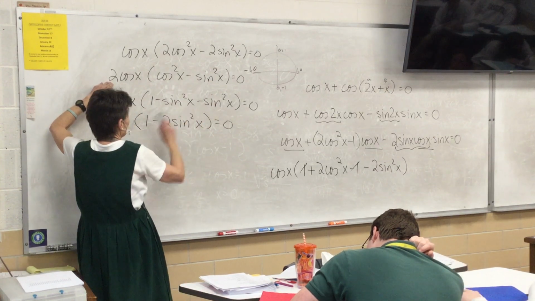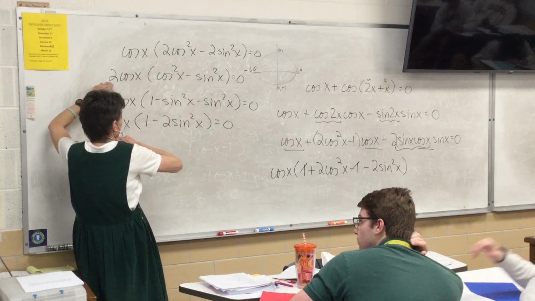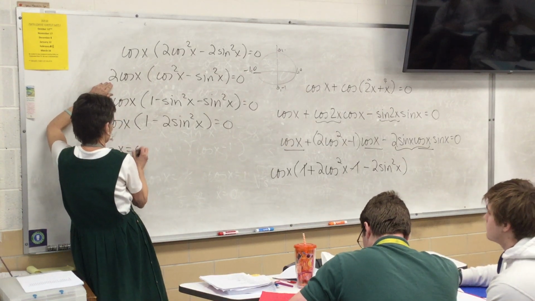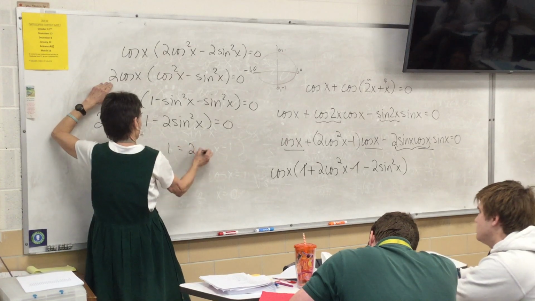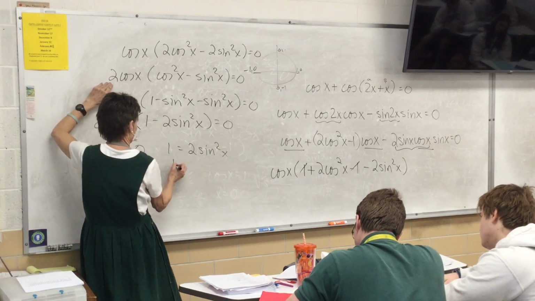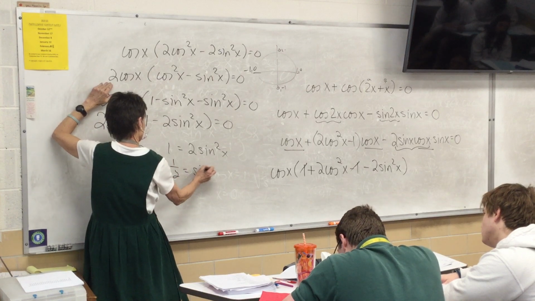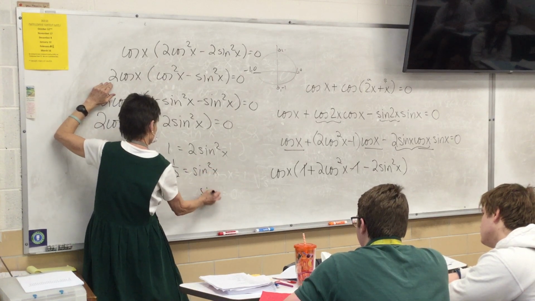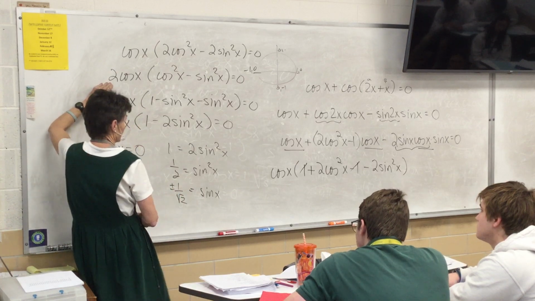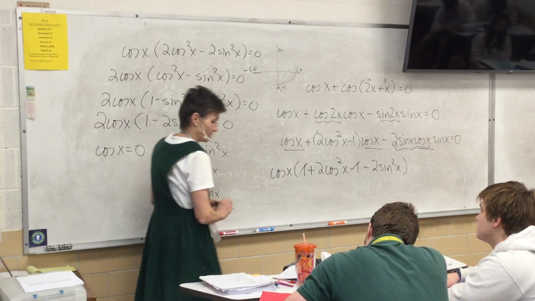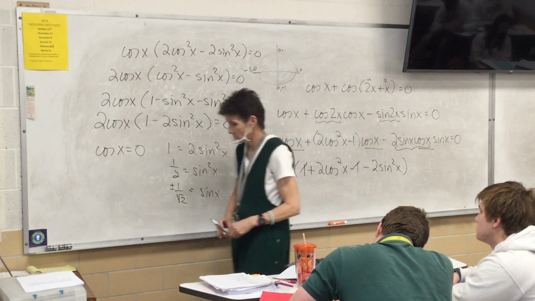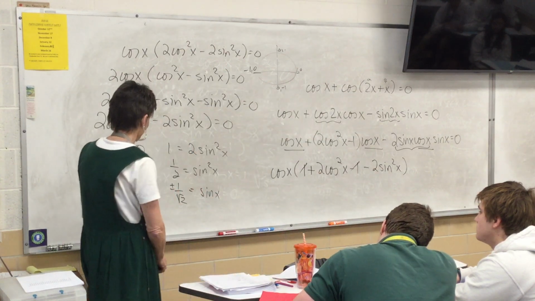We could have done the other way, changed that into 1 minus cosine squared. But now I can set everything equal to 0 and solve it. Kind of a mess, but I think we're ready to go now.